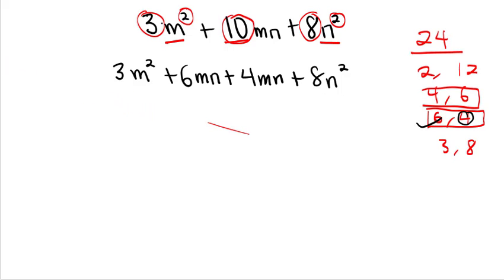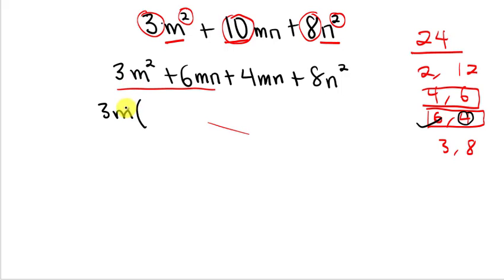So we take the first two terms, we factorize. 3m squared plus 6mn. What is the common factor there? In this case, the common factor is 3m. So the 3m comes out, you open your bracket.